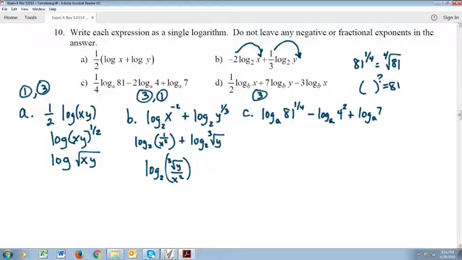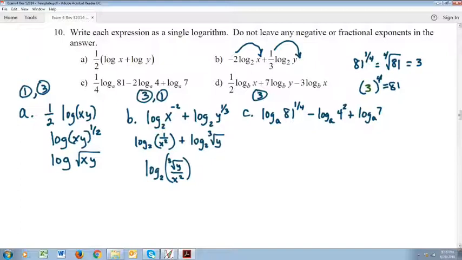Let me see if I can fix that real quick. So we're looking for something to the 4th power that gives us 81, and that would be 3. And so the 4th root of 81 is 3.